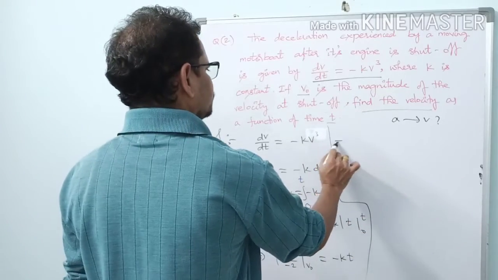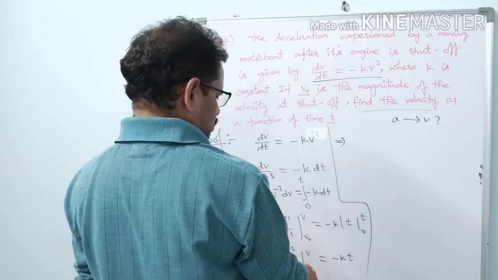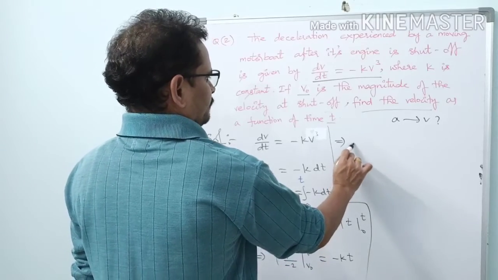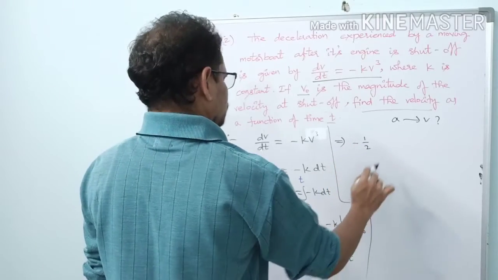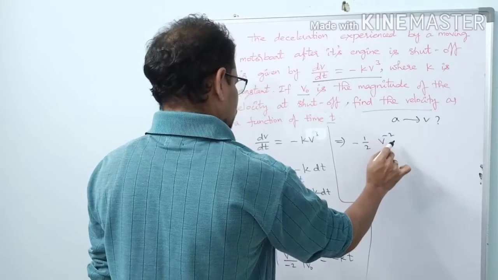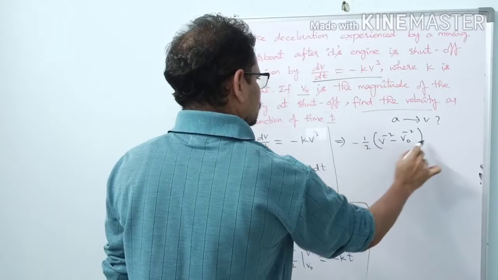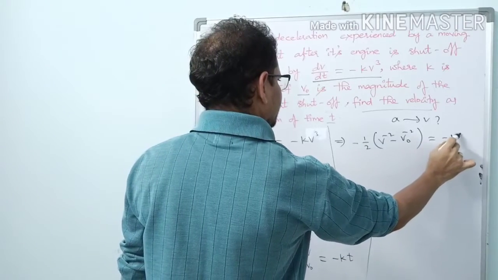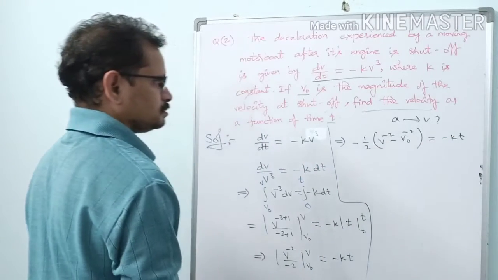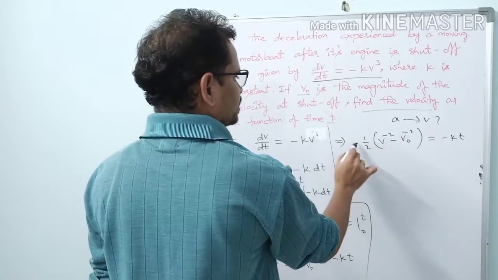Now this implies, what is this? Minus half, this is v power minus 2 minus v0 power minus 2. This is equal to minus kt. So this minus and that minus cancel here.